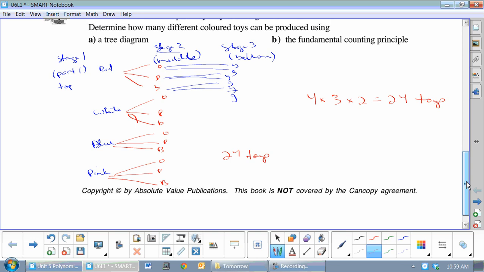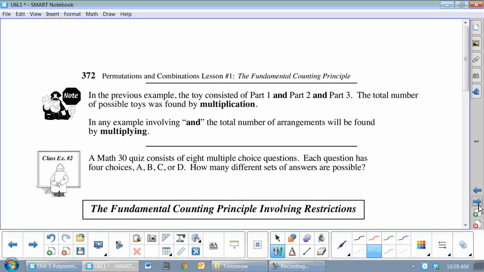What would be the answer if you're playing my game? It would be 1, yes. Kids go, well, that was a different shade than that one. No, it's all the same. Okay, so basically when you're doing part 1 and 2 and part 3, you're going to use multiplication.